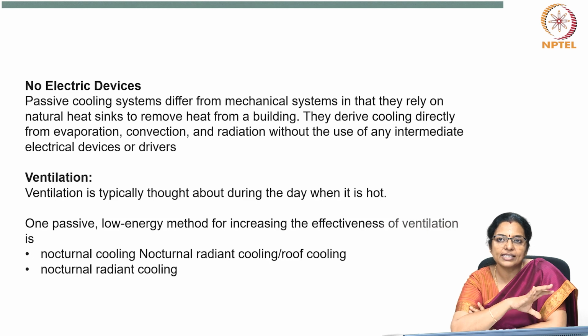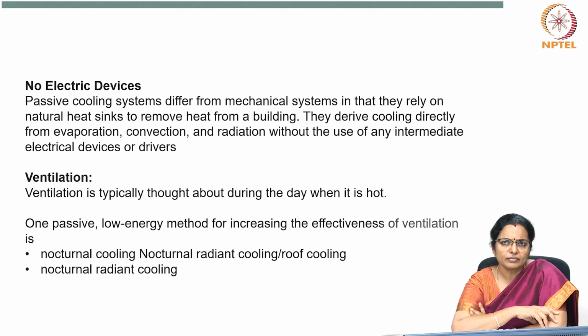So, the coldest environmental heat sink available is the night sky. This important resource for passive cooling systems is as much as 30° Fahrenheit below ambient air. All roofs radiate heat into the night sky because the night sky is cool.